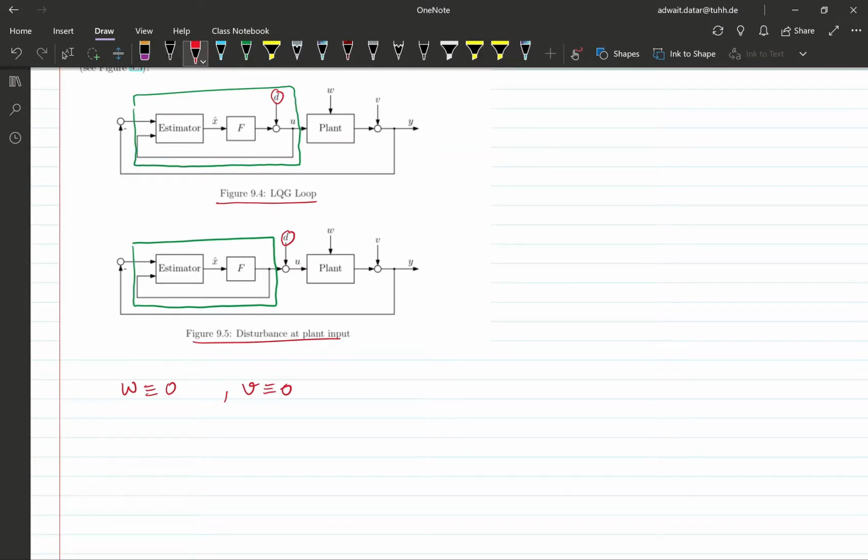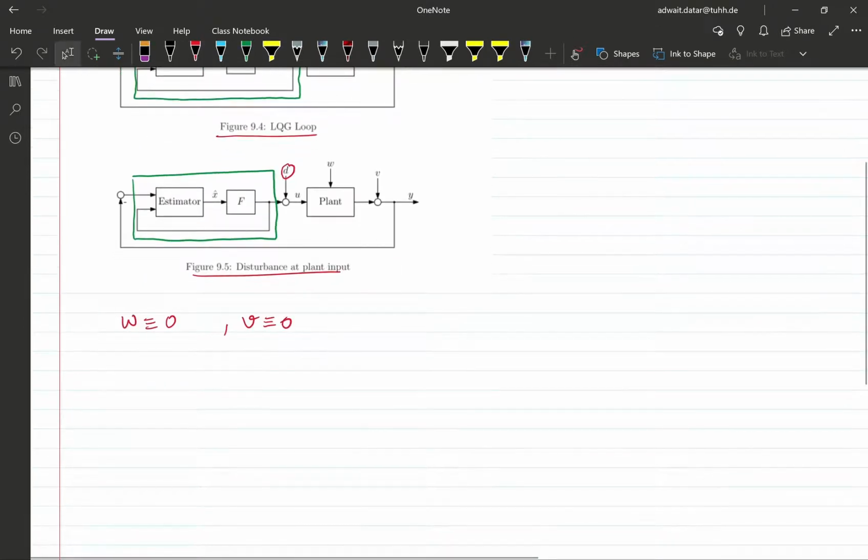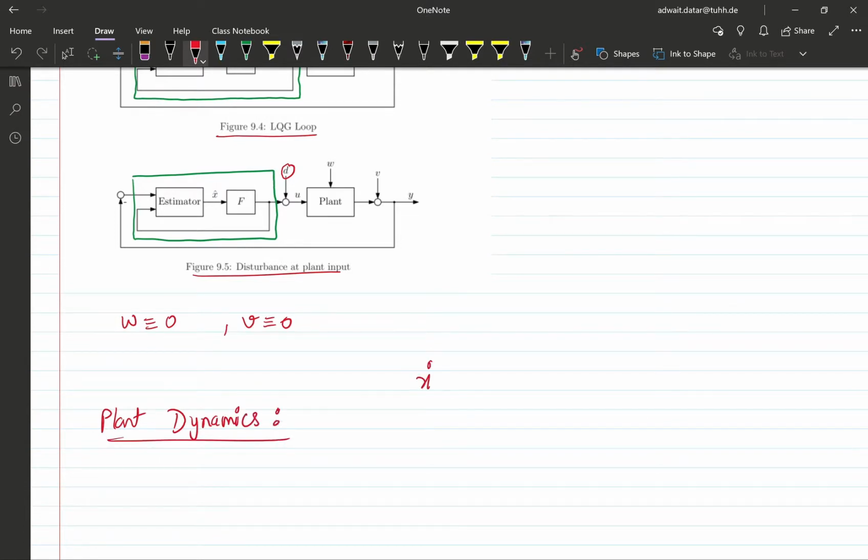So now we can write down the plant dynamics as Ax plus Bup. Let Up be the input to the plant, and Y is then Cx.